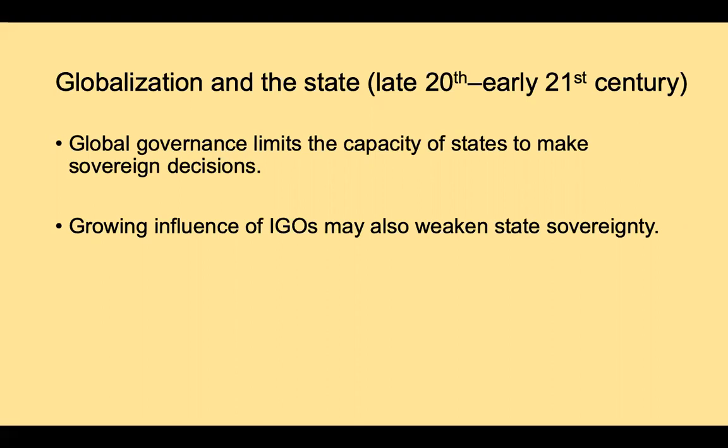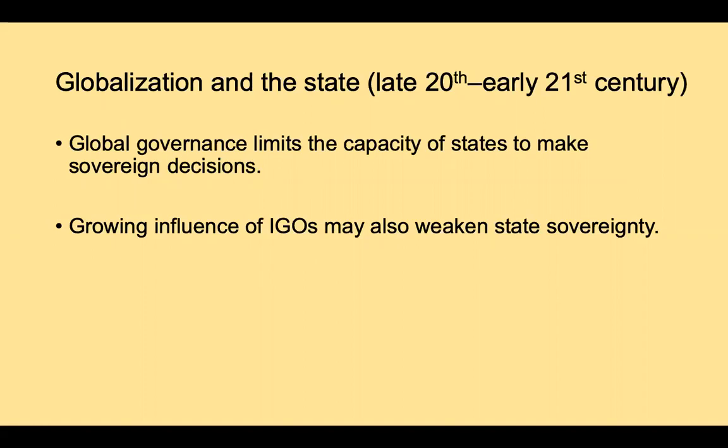And globalization is consequential because it tends to limit the capacity of states to make sovereign decisions and to act independently and act for themselves, not just because they have to cater to the interests of foreign capital, whom those states may rely on for investment, but also because they're enmeshed in all sorts of trading and economic and political relationships that carry conditions and expectations that they have to meet, often in order to maintain all sorts of other situations and relationships that matter to them greatly.